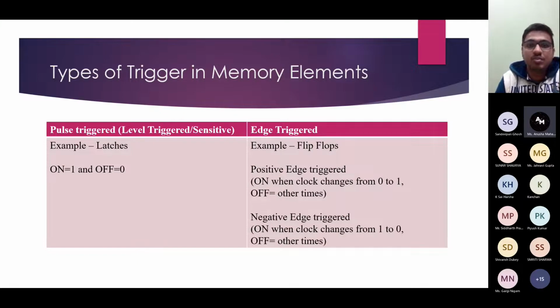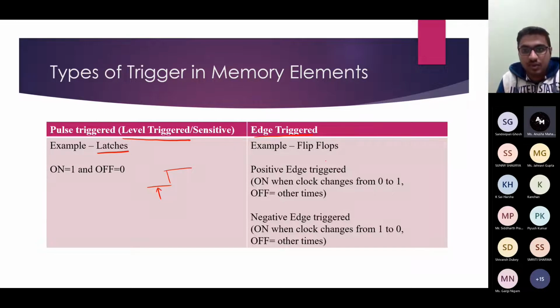Now there are two types of triggering methods in memory elements. One is level triggered, or we can say level sensitive, and another one is edge triggered. Latches are level triggered. Like this way, if we have this part, then latches are on, and otherwise off. Off means it will not change its output even if inputs are changed.